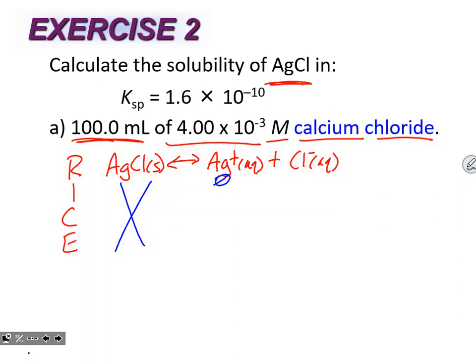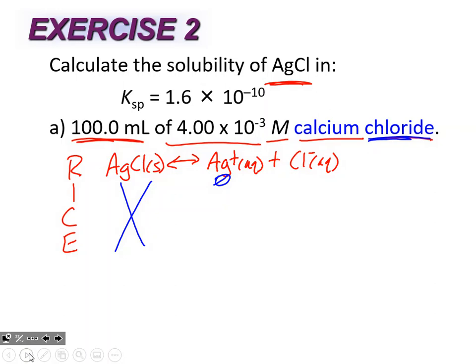What is the initial concentration of our chloride here in calcium chloride? What do I need to know about that particular substance before I can figure out the concentration?